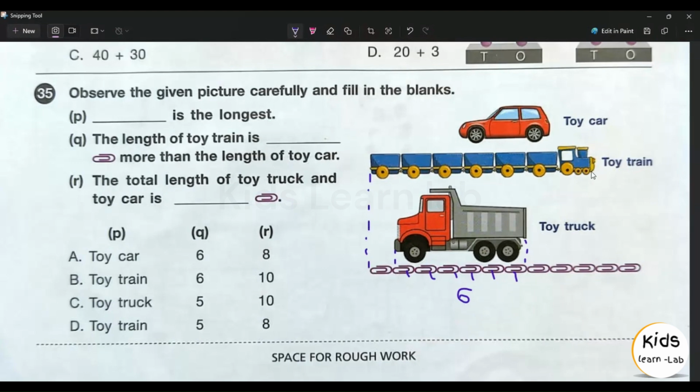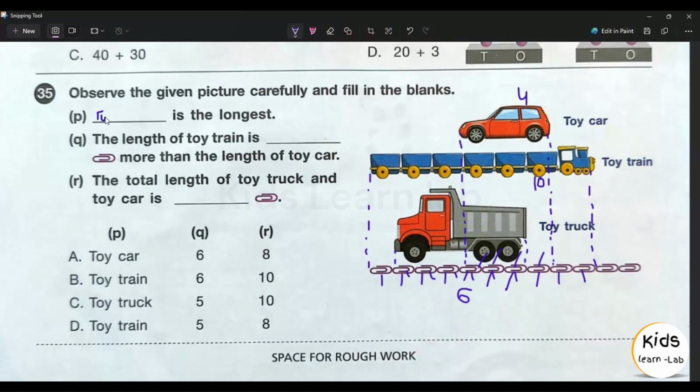Toy train length is 1, 2, 3, 4, 5, 6, 7, 8, 9, 10. So toy train length is 10. Toy car length is 1, 2, 3, 4. So toy car is 4 pins long.